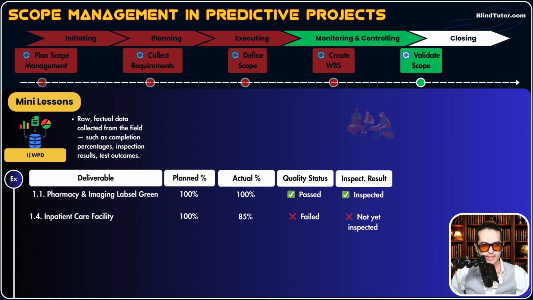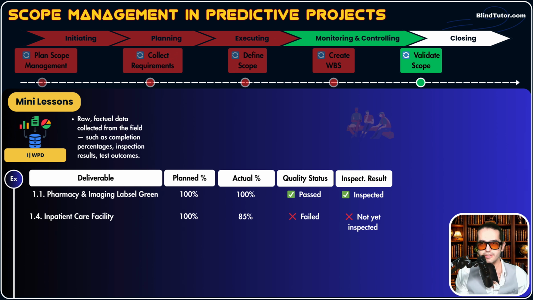By today, this deliverable should have been completed. By today, we planned to complete this deliverable. Planned percentage is 100%. What's the actual percentage? It's 100%. Our team actually completed it exactly like our plan. But look at the next deliverable. 1.4 inpatient care facility, for example, the plan was 100%.